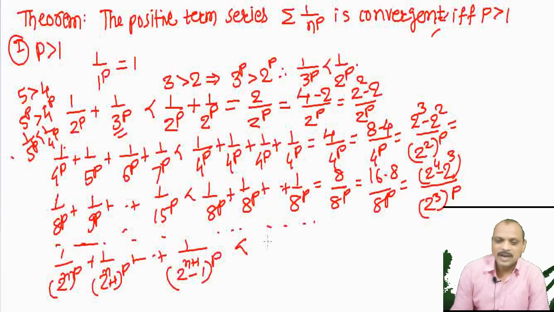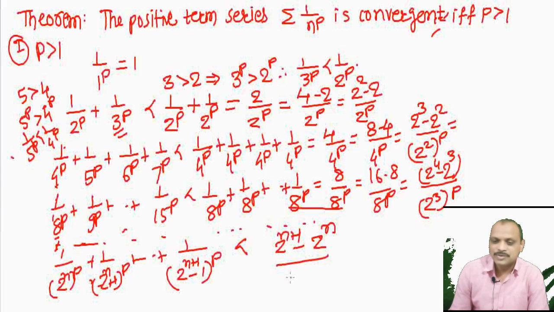Whenever I have 8 raised to p, that means I have a 2 cube term here, 4 means a 2 square term, and here I have a 2 raised to n term. So obviously this will be 2 raised to n, and next 2 raised to n plus 1 minus 2 raised to n, divided by 2 raised to n whole raised to p. Okay, so I hope you get it.